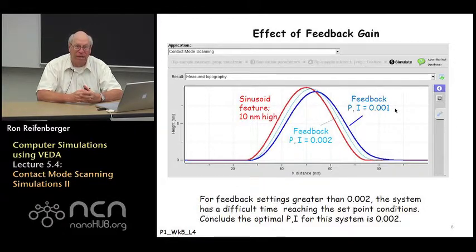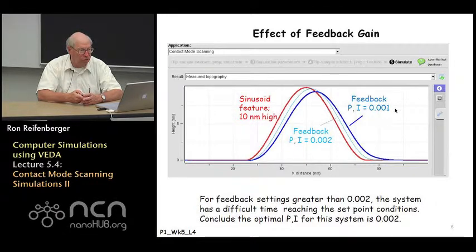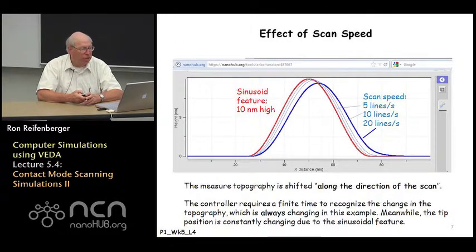It just basically means that the numerical software is having a difficult time approaching the tip to the sample. So I conclude that for this particular example, the optimal P and I for the system is 0.002.